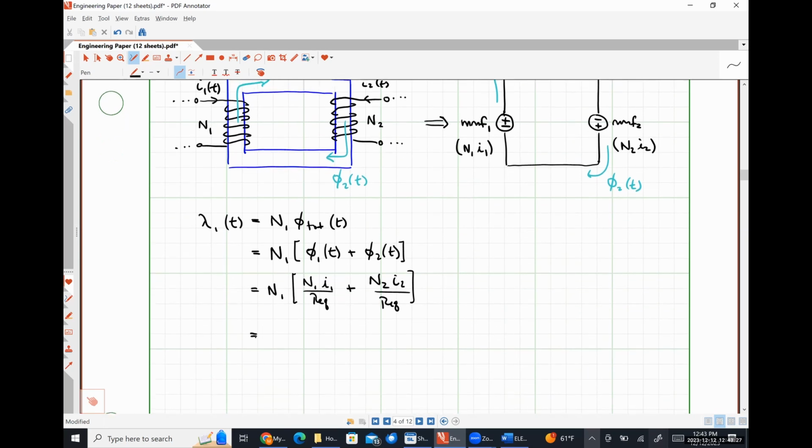Now I can lump some things together. I have N1 times N1, so that's going to be N1 squared divided by our equivalent reluctance times the current I1, plus N1 N2 divided by our equivalent reluctance times I2.